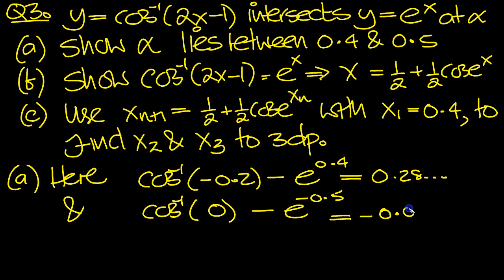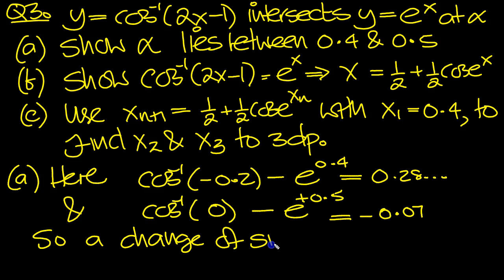So here, this is equal to 0.28, and this is equal to minus 0.07. So a change of sign occurs, and alpha lies in the said range.